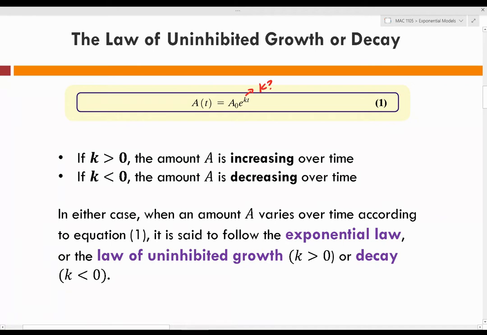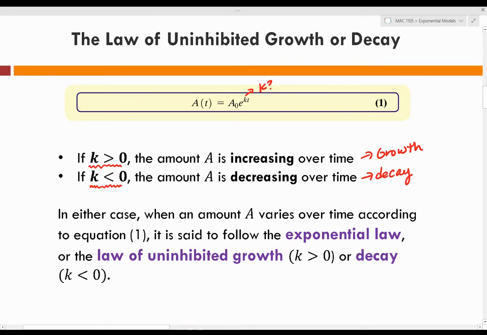If k is greater than 0, that means that your amount A is increasing over time, which lets you know you have a growth model. It means whatever your quantity is, it's growing as time increases. Now, if k is less than 0, it means that your amount is decreasing over time. So this would be a decay model.